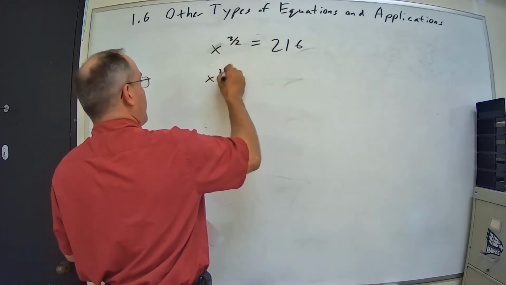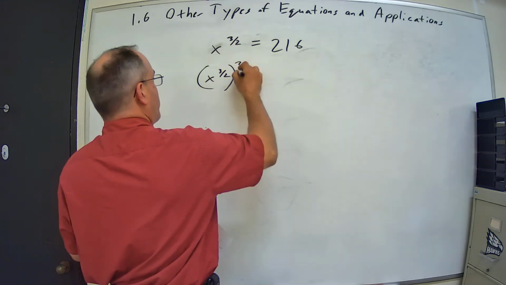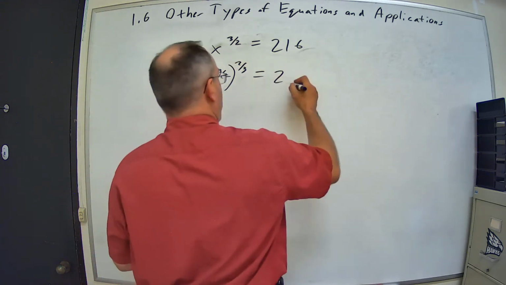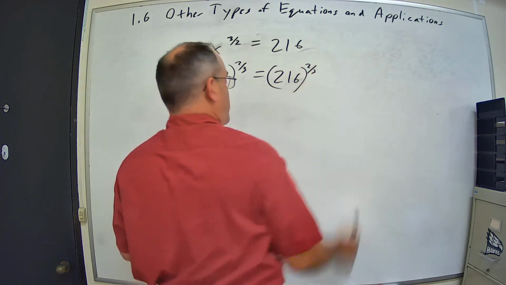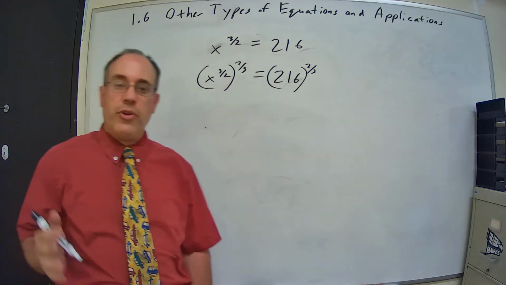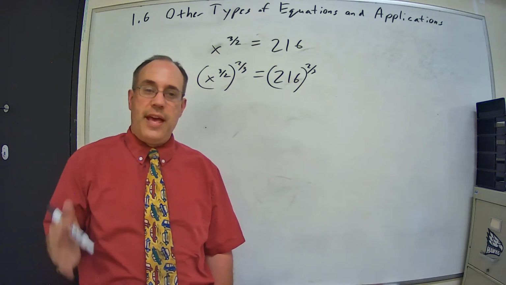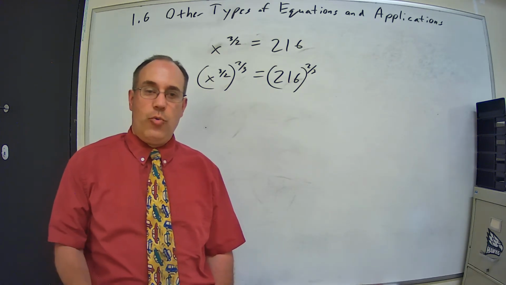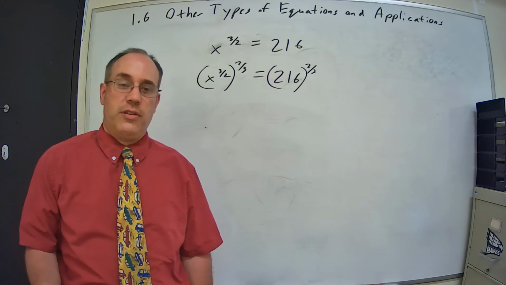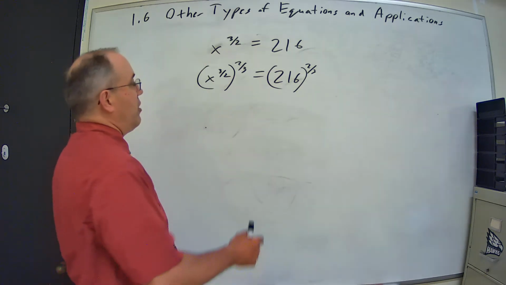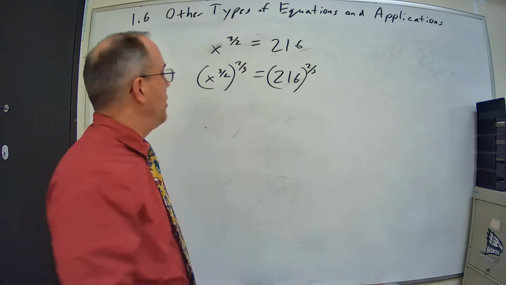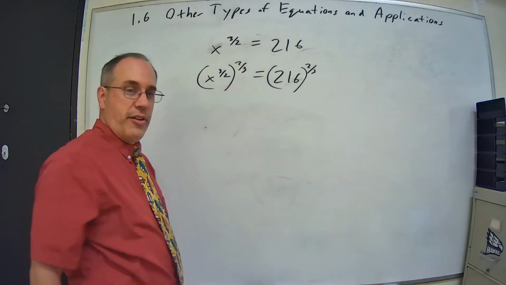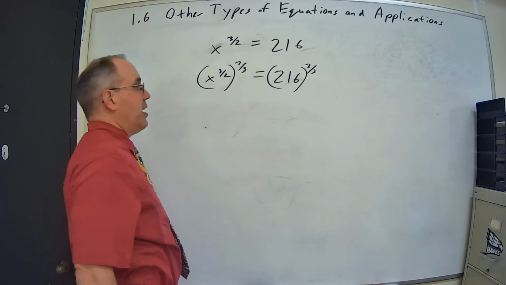So x to the 3/2 raised to the 2/3 is equal to 216 raised to the 2/3. Now in reality, this isn't really different than what we did when we were dealing with radicals. It's just now we're also dealing with a power involved with it too. So we're using the numerator and the denominator of this exponent.